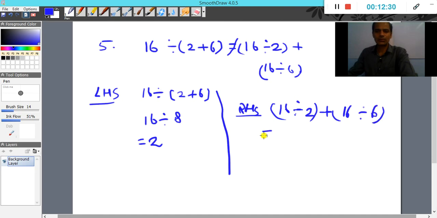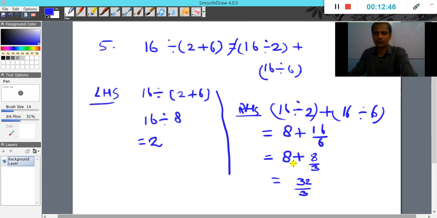Okay, so it is 8 plus 16 upon 6. Now it is 8 plus, okay, it is 8 upon 3, and finally it is 8 threes are 24 plus 8, 32 upon 3.